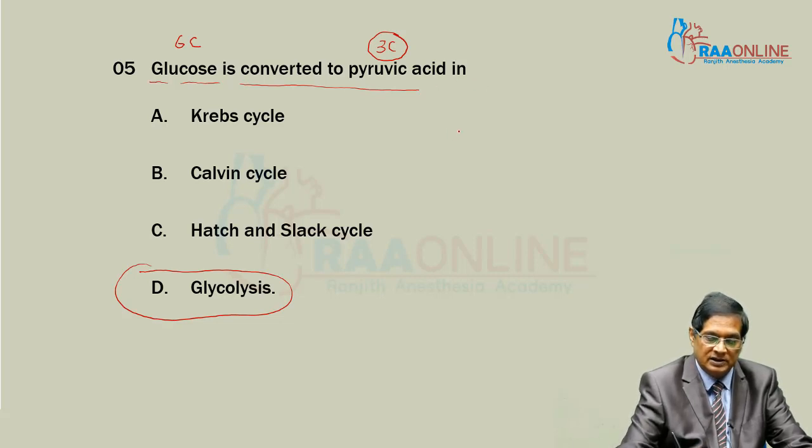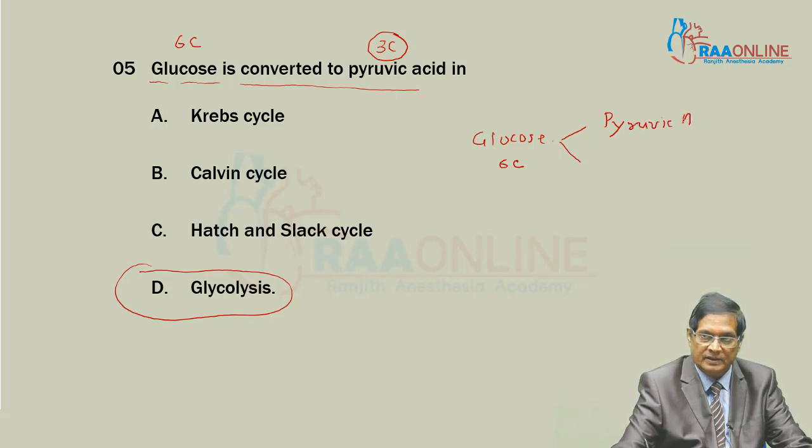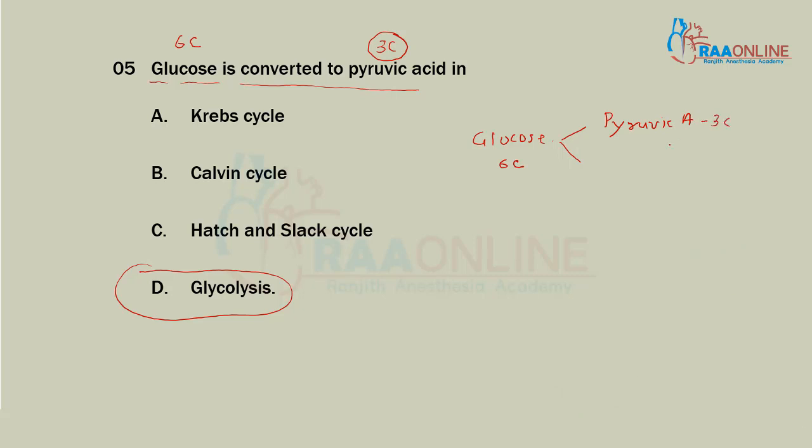Glucose, a 6 carbon compound, forms pyruvic acid, a 3C compound, by glycolysis. Total 2 molecules are formed from 1 glucose.